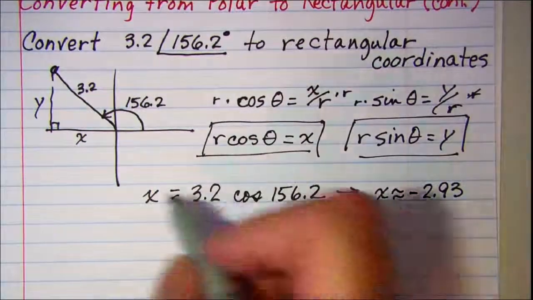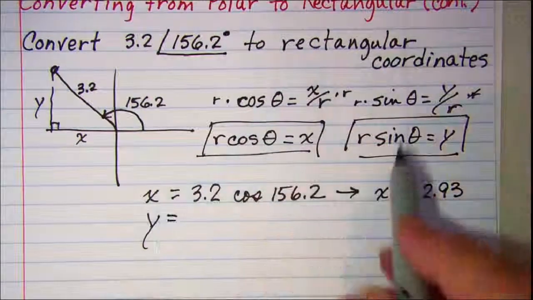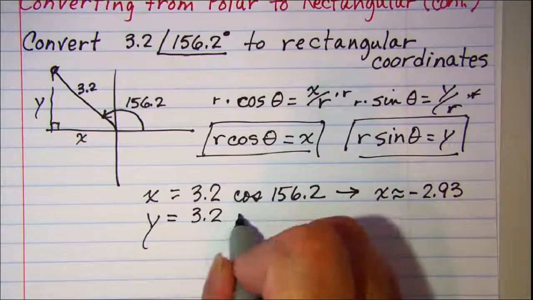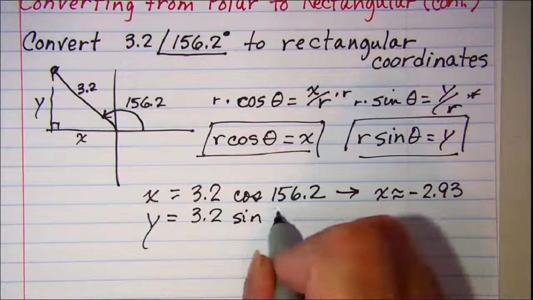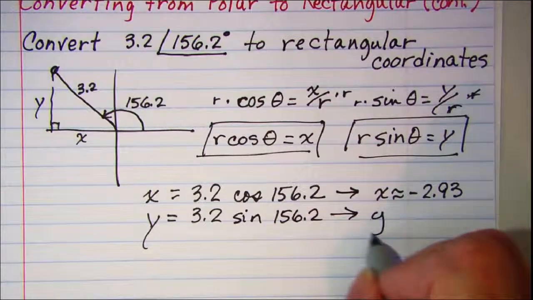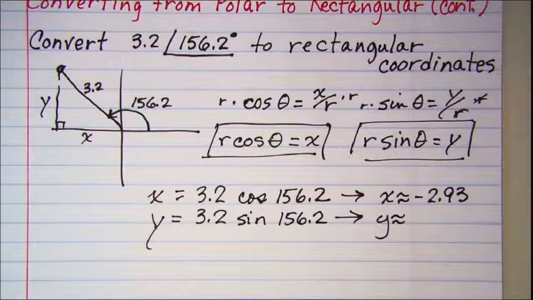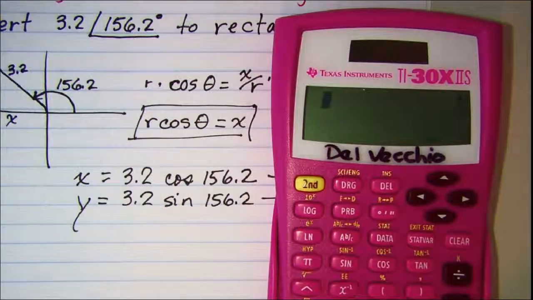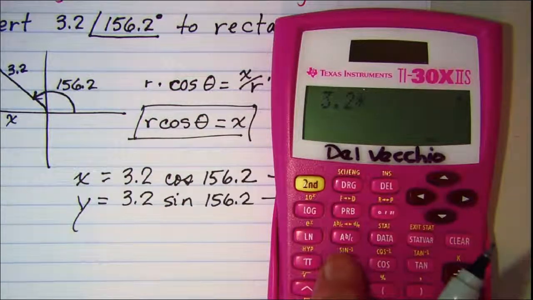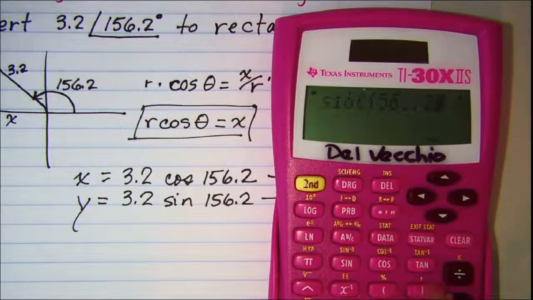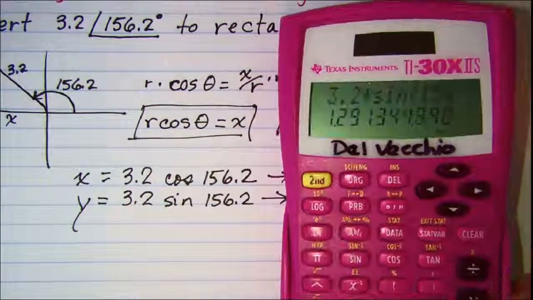And then our y, we'll use the formula r sine theta. So 3.2 times the sine of 156.2. And we'll get y is approximately equal to 1.29.